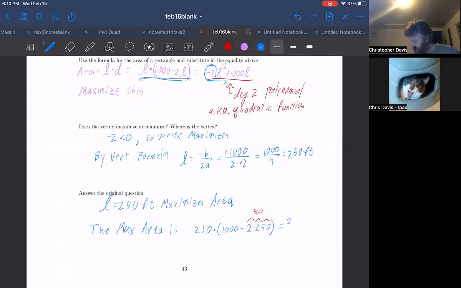That's 250 times 500 square feet, also known as, let's see, 25 times 5, 5 times 5 is 25, carry the 2, 5 times 2 is 10, 125. So it's 125 with an extra 3 zeros.